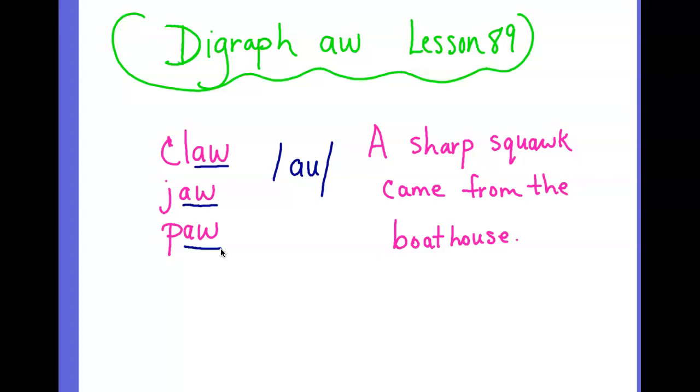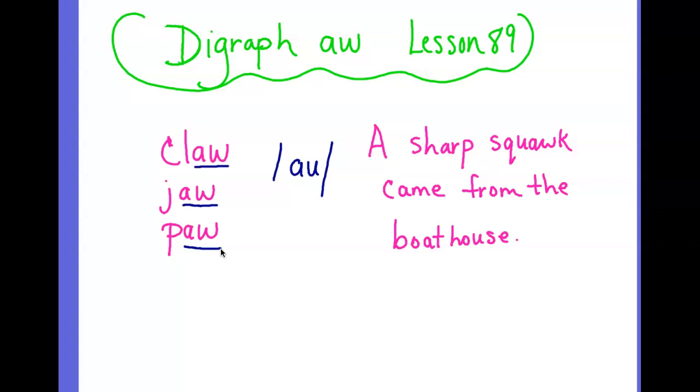Paw. The dog's paw was injured. Okay, so you have that all sound. Sometimes digraph AW is hard to spell because it makes that same sound as AU, but it also has sort of a short O sound. So we need to make sure that we remember which words have AW.